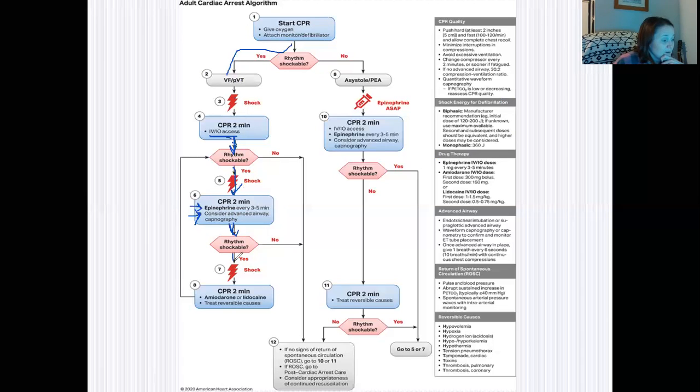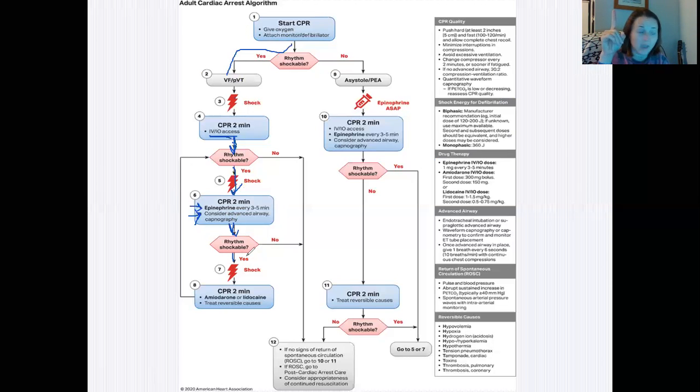They're still in VFib. We're going to shock them again every 2 minutes. CPR 2 minutes, shock them every 2 minutes. We're going to continue. It's just in between during CPR, we're going to do other things. So CPR all the time. Every 2 minutes, we're going to assess if we can shock them, and we are going to do it if we can. And then during the 2 minutes of CPR every time, we're going to do something else.